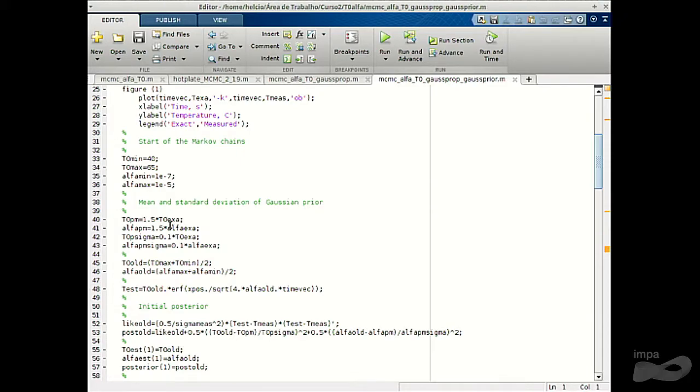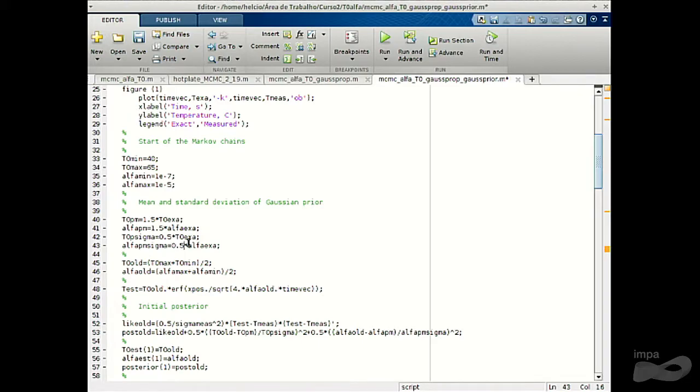So I take here a standard deviation for T0 that is 50% of the exact value. Of course, in this example I know the exact value, but the problem is that when you are doing real experiments you don't know the real value, okay?